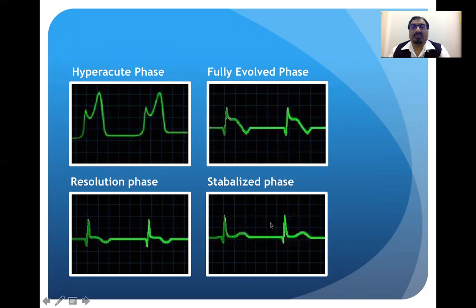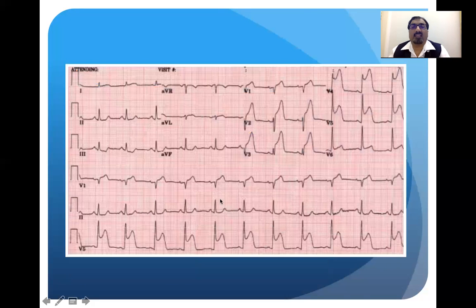So these are 4 phases which you need to remember when you are looking at the ECG as a diagnostic tool. I'll show you some ECG examples which are very important from the academic point of view, and also from the diagnostic point of view for the undergraduate program.